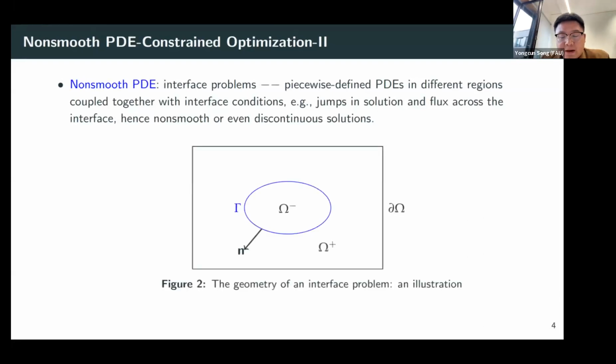This is an illustration of the geometry of an interface problem. This is the whole domain omega, and this is an interface, which divides the whole domain into two subdomains, omega minus and omega plus. The interface problem is a piecewise defined PDE in omega minus and omega plus, and its solution is non-smooth or discontinuous across this interface.